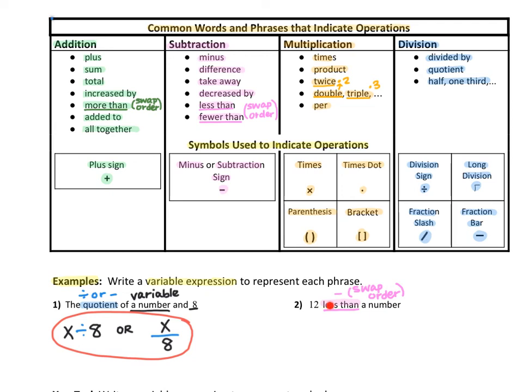Remember, less than is one of those keywords for subtraction that tells us that when we write out the variable expression, we need to swap the order of what the phrase is telling us. So what are we taking and subtracting? Well, the problem is telling us that we're subtracting 12 and a number, which we don't know. So we're going to use a variable in the place of the phrase a number. So 12 less than a number can be written as x minus 12.